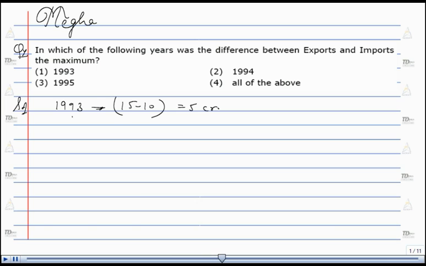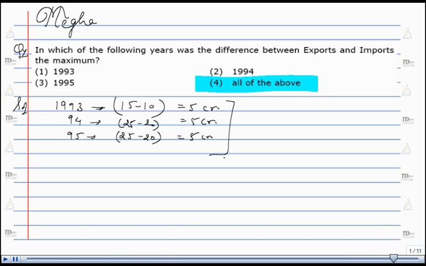In 1994, the difference is 25 minus 20, that is 5 crores. And in 1995, the difference is 25 minus 20 again, that is 5 crores. So, the required difference is maximum in all of the given years. So, we get our answer as option number 4, that is all of the above.